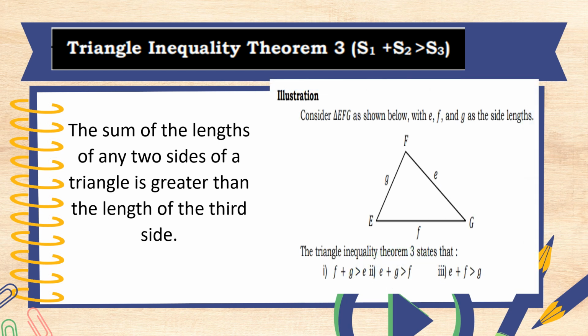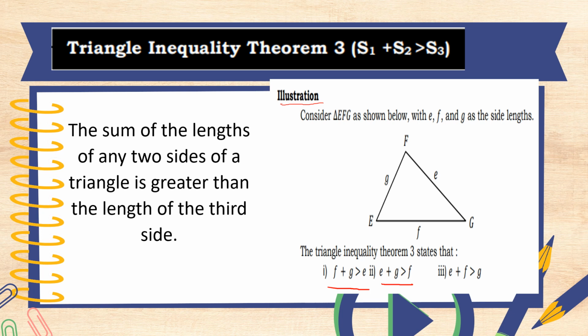For illustration, we consider triangle EFG as shown below, with E, F, and G as the side lengths. The triangle inequality theorem states that F plus G is greater than E, second, E plus G is greater than F, and third, E plus F is greater than G.